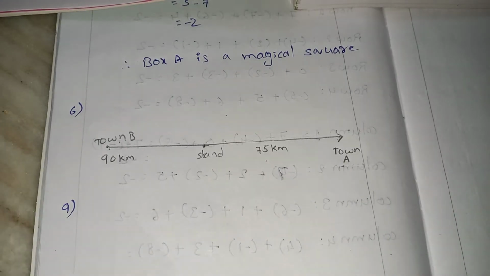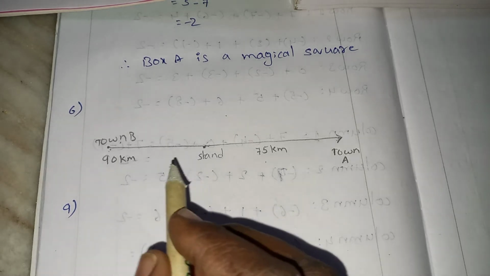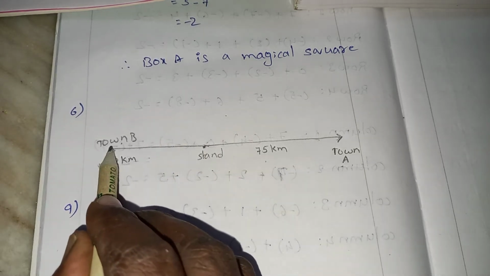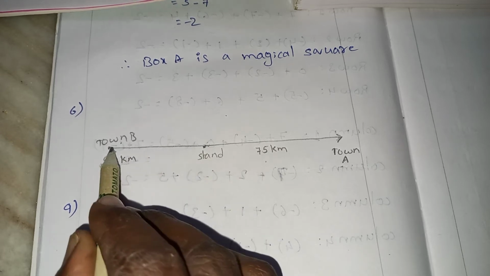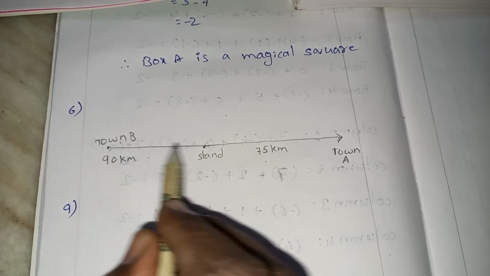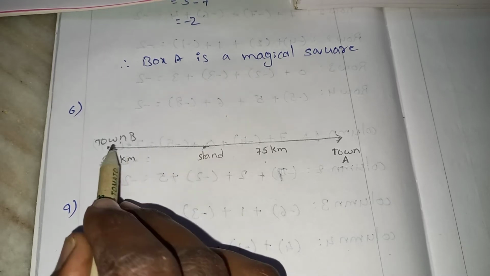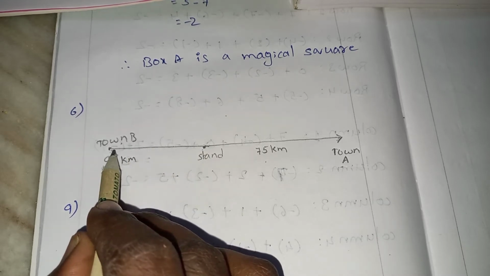A. How far is he from the stand? Now he reached town B. Now they're asking how far is he from the stand? From the stand, how long he travelled back? Understand or not?